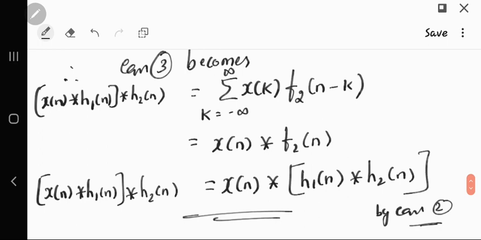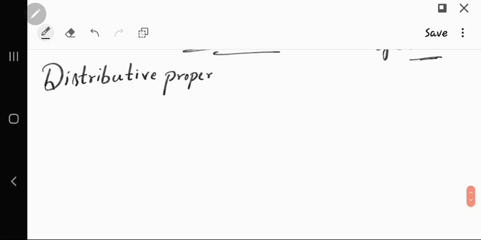Now, coming to the last one, that is the distributive property.